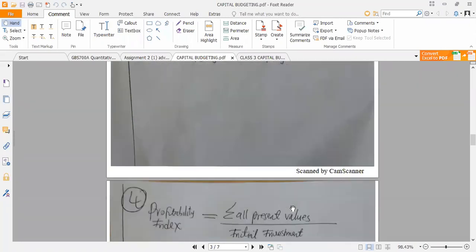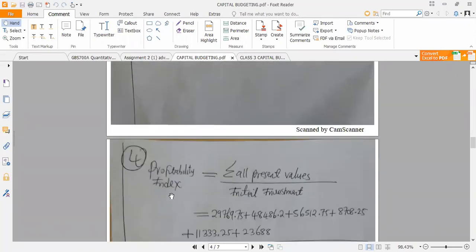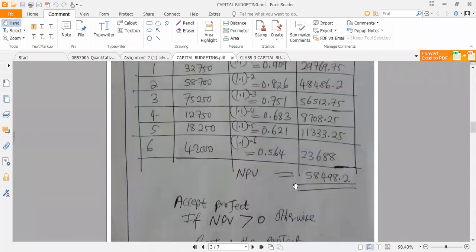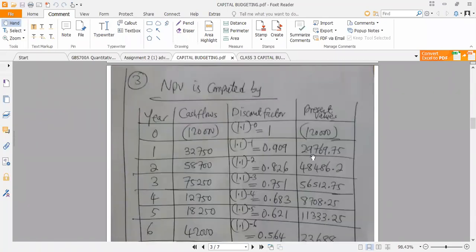Okay, then. We get to the profitability index now. So profitability index simply means it's the sum of all present values over initial investment. So what I mean here is that we start adding all present values from the 29,769.75.